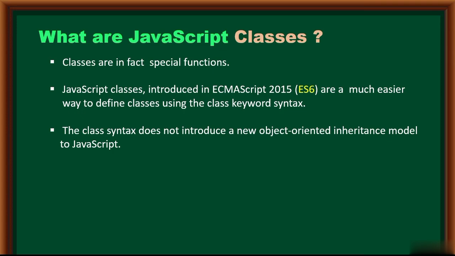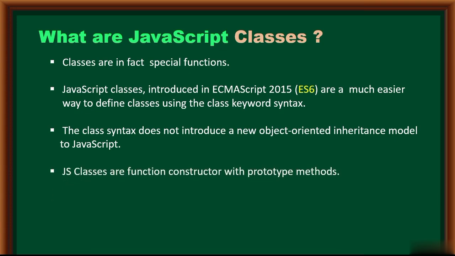So this is an easier way of doing it rather than the old way, which is a prototype-based inheritance way. So you can look at classes basically as JavaScript functions with prototype methods. So they're kind of like a function constructor, but with a prototype method.